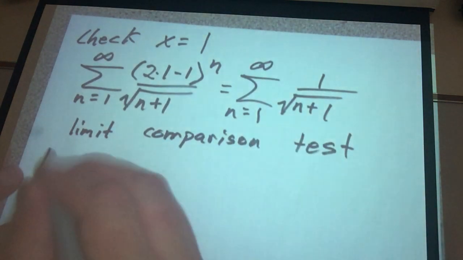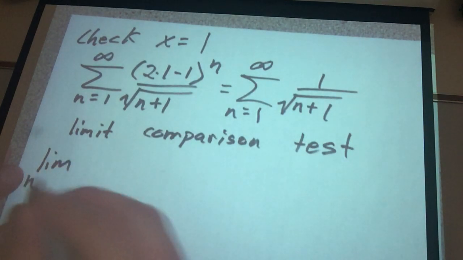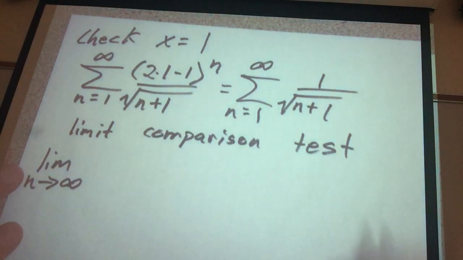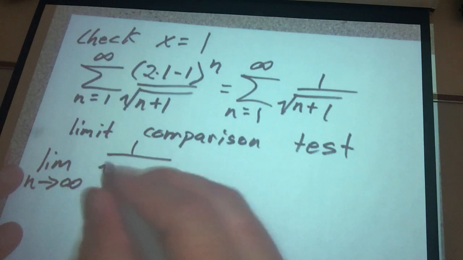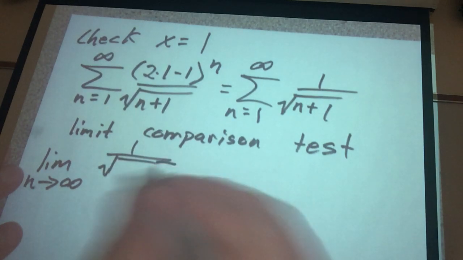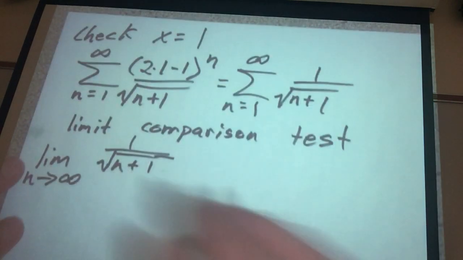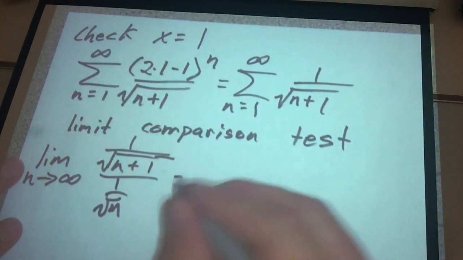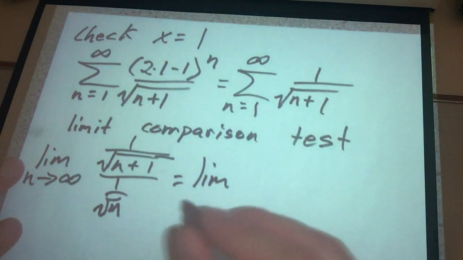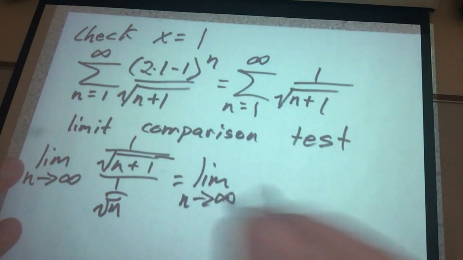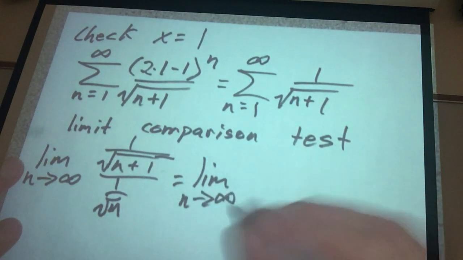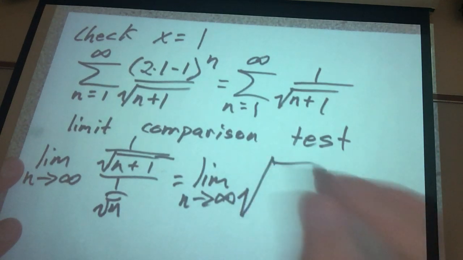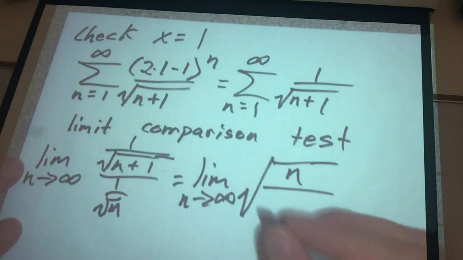I'm going to do a limit comparison test. The limit as n tends towards infinity of 1 divided by the square root of n plus 1, and I'm going to compare it with the p-series of 1 divided by the square root of n. That would equal the limit as n tends towards infinity of, putting them all under square roots, n over n plus 1.